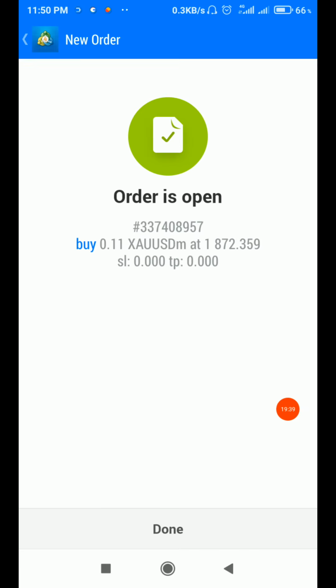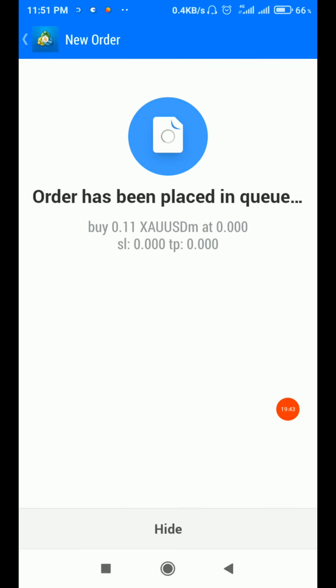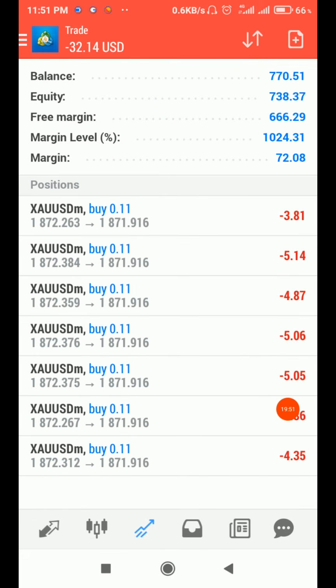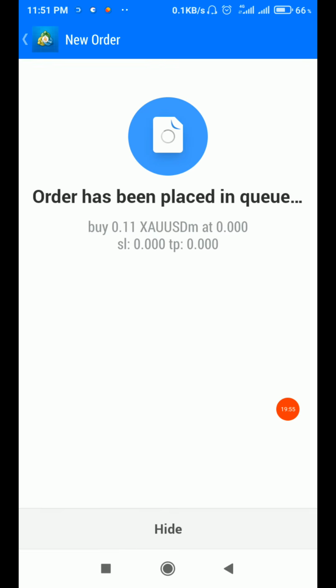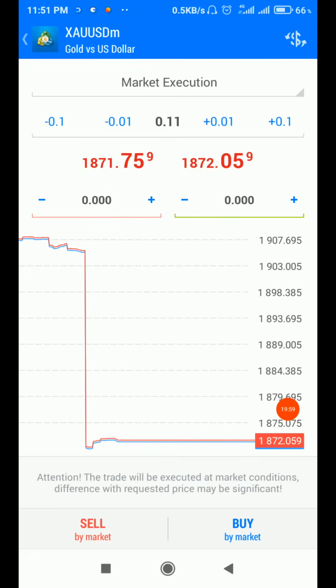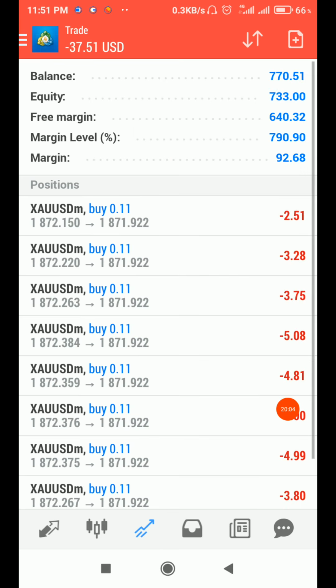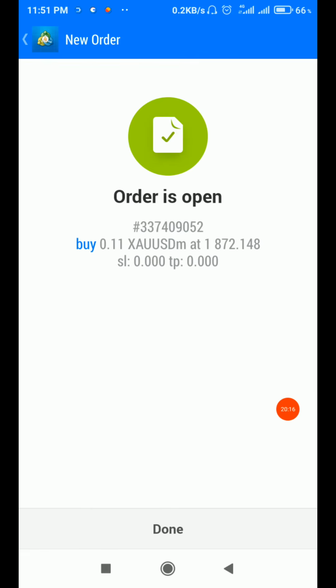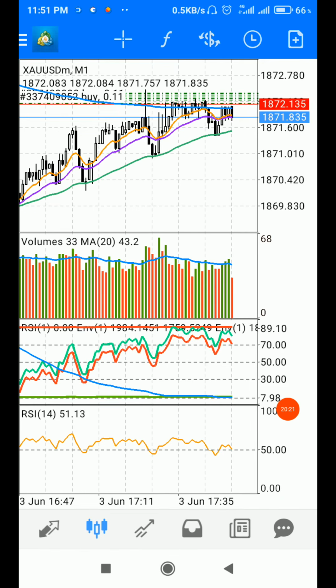Okay, as many entries as I can take, buying from this level. So a lot of buy entries taken. So let's see what's happening.